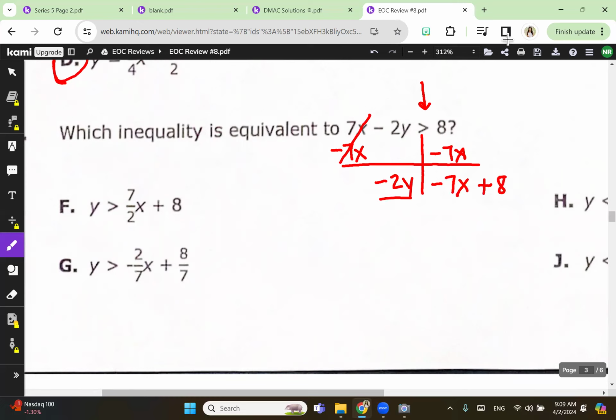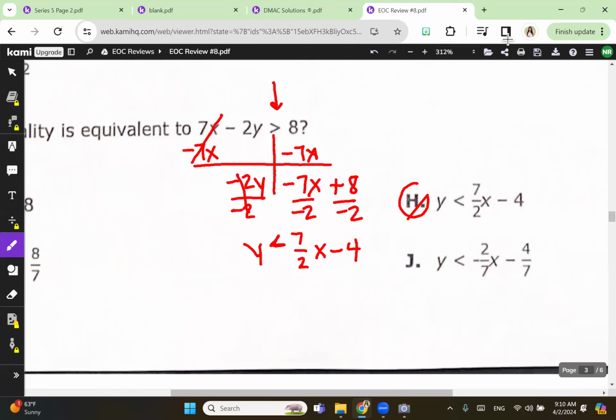And then we divide by negative 2. Because we're dividing all three numbers by negative 2, we flip that symbol from greater to less. Negative 7 divided by negative 2 is positive 7 over 2. 8 divided by negative 2 is? So your answer is H. Beautiful.